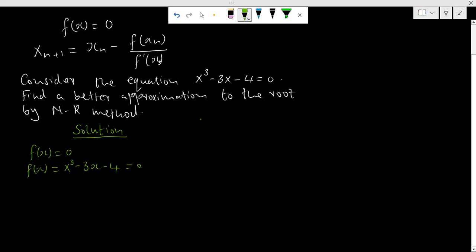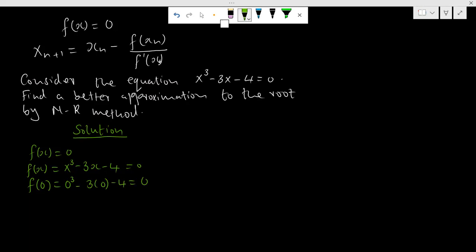Now we want to understand what f at 0 will be. f at 0 will be 0 cubed minus 3 times 0 minus 4, which is equal to negative 4. And you can see this is less than 0.